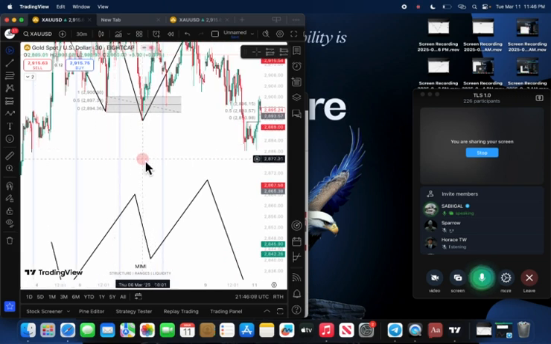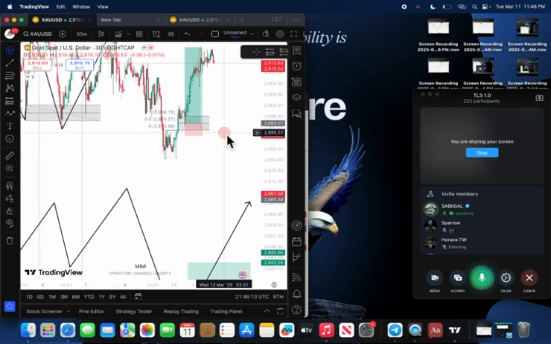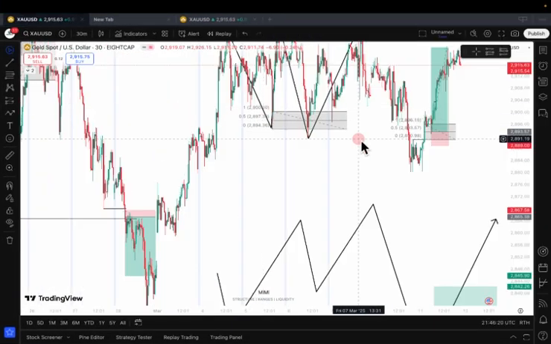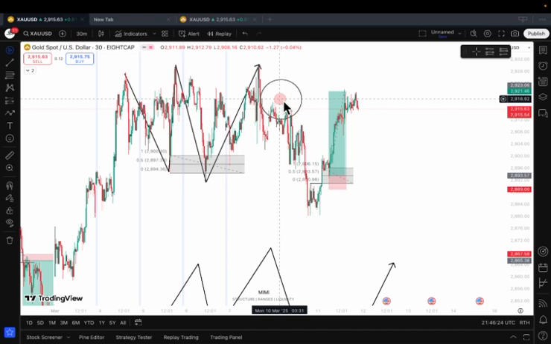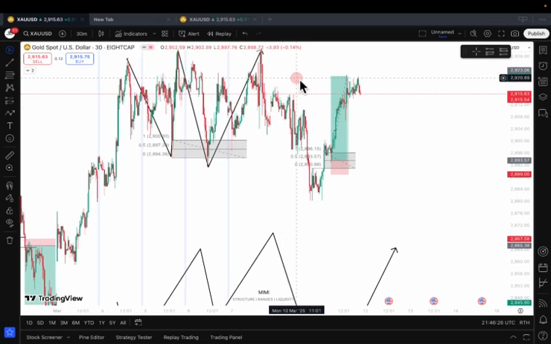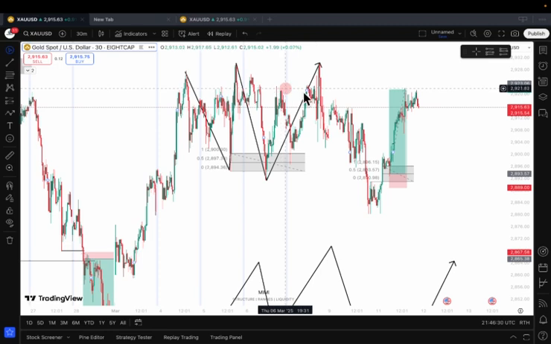It took it out and then it later bought. So whichever way, you just have to follow the structure of the market. No matter the entry model you'll be using after today, if your structure is wrong, your entry will not hold, and that is it.